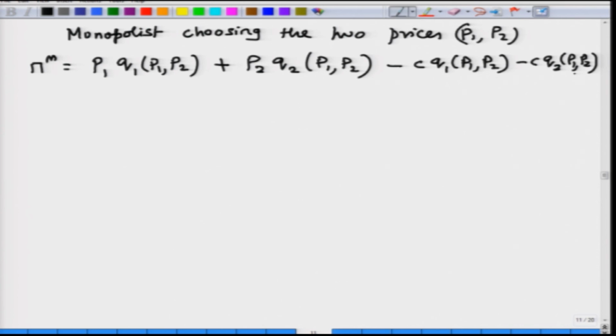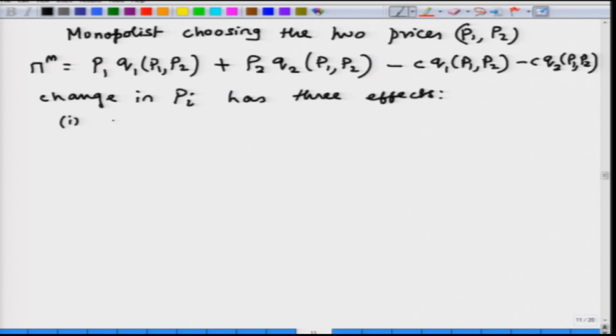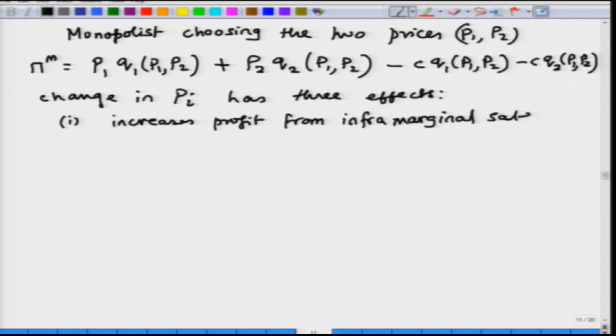So, essentially now there are going to be three effects. A change in Pi, where i could be 1 or 2, that is, a change in the price of the ith product, has three effects. One, it increases the profit from the inframarginal sales, right, as before.